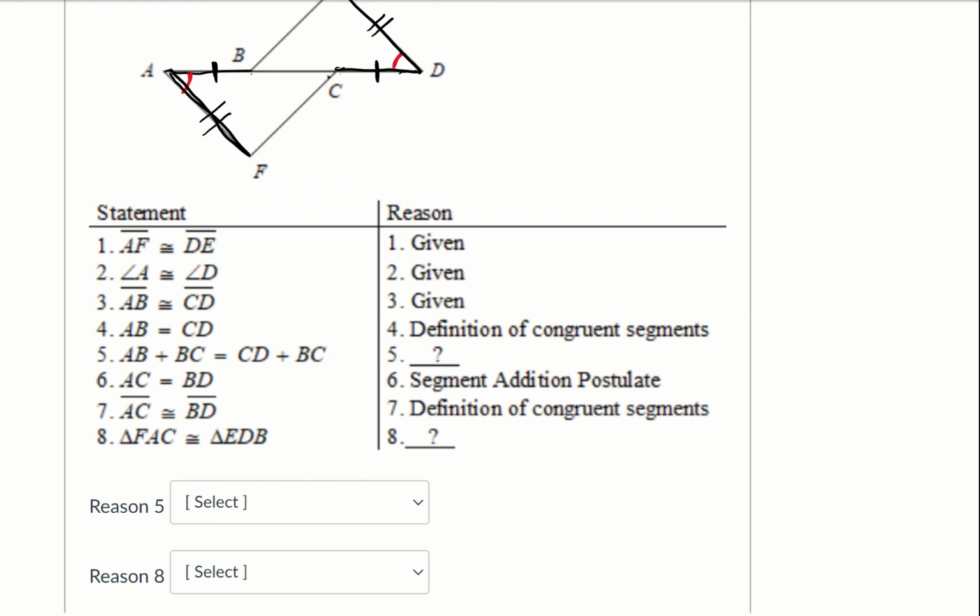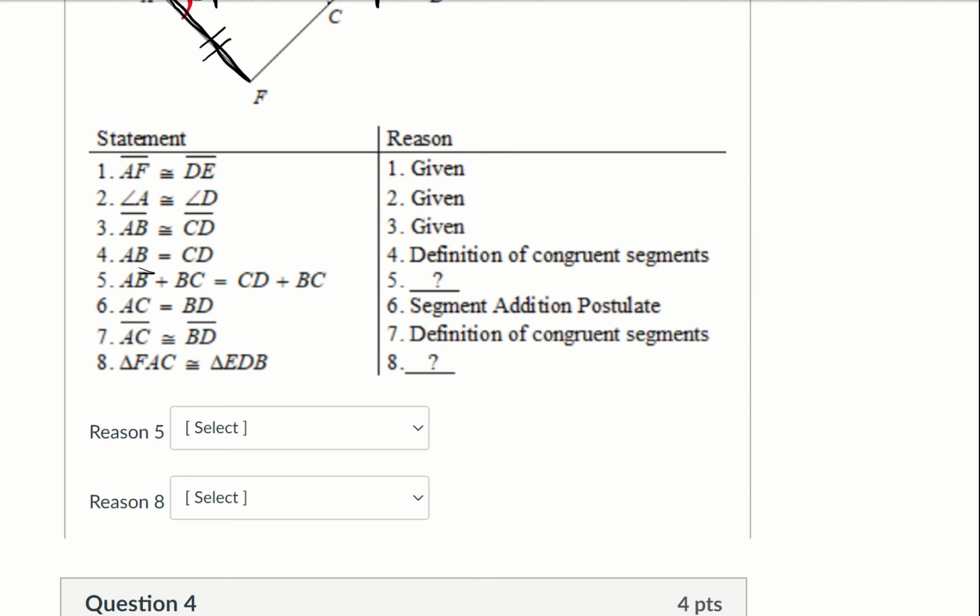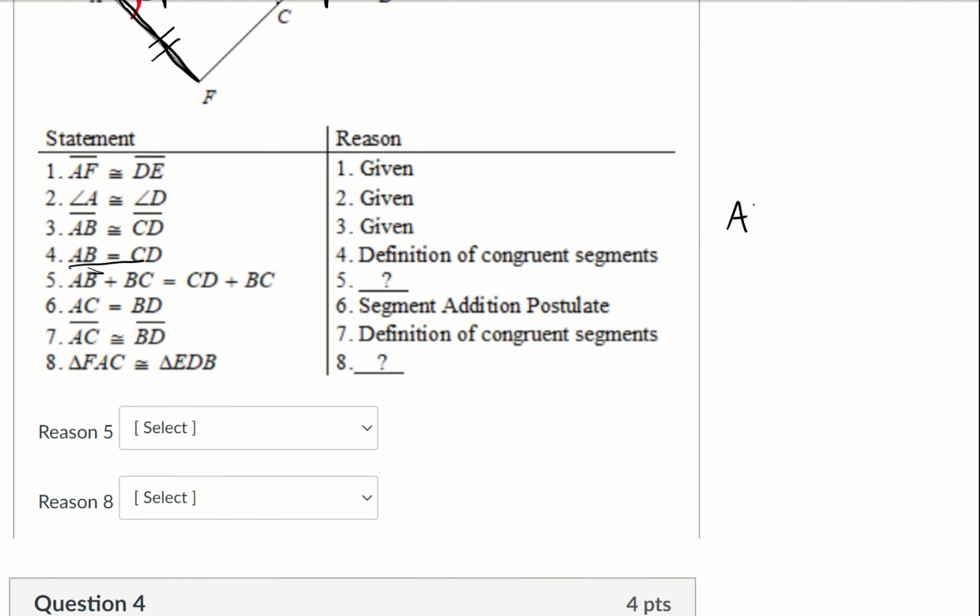These are all given. Okay, so because line segment AB is congruent to line segment CD by the definition of congruent segments, that means that they're equal to each other. And so if you go to statement 5, if I know that these are equal to each other, then I can add anything to it.